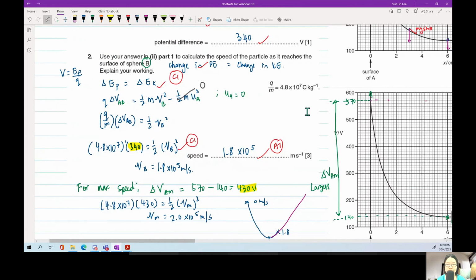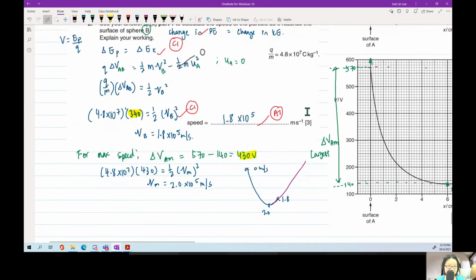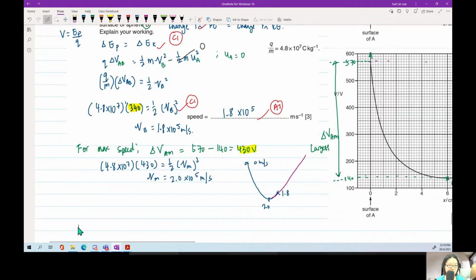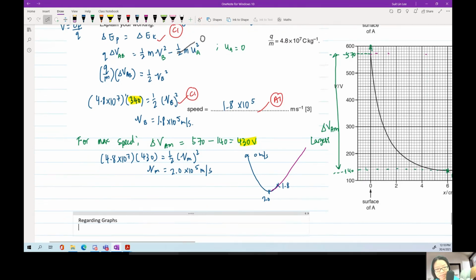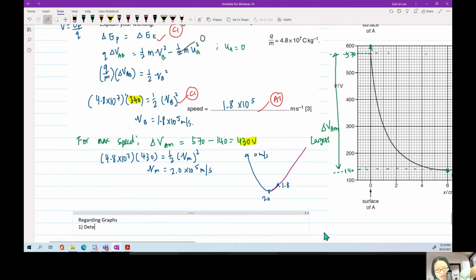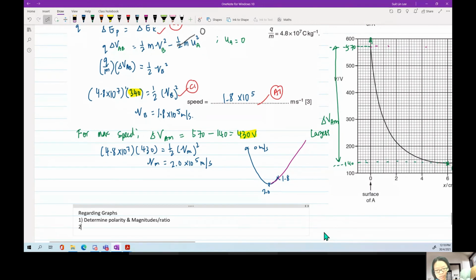Because what else can they ask you in the graph? They either ask you to describe the graph, determine whether the charge is positive, negative. Okay, now I'm going to list down all the possible things that they can ask. So, regarding graphs. 1. Determine polarity and magnitude ratio. 2.